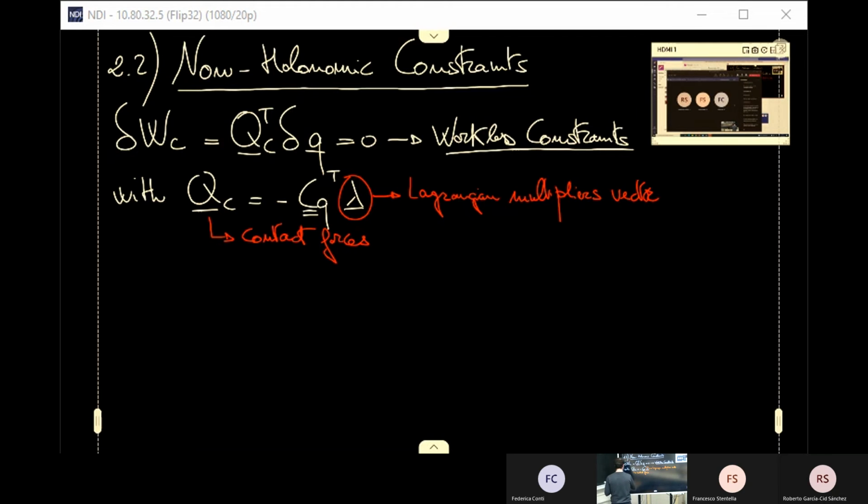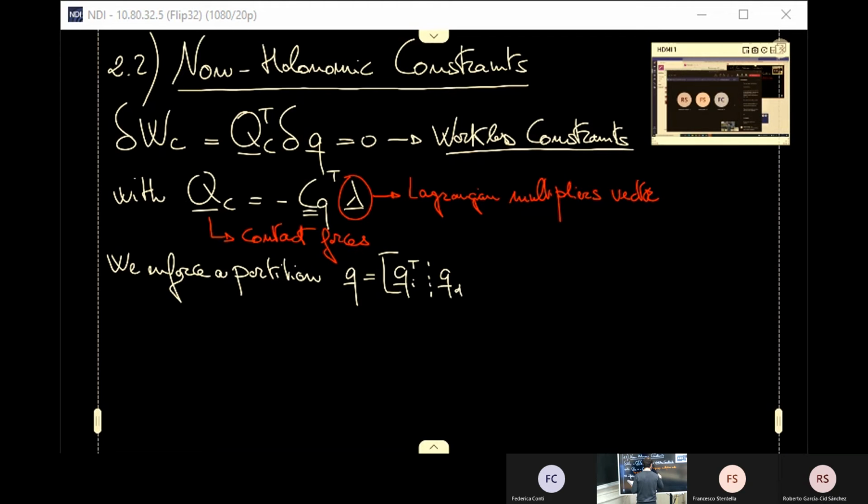So we again enforce the partition, so that basically we have that Q is equal to Qi transposed, and then we have the dependent ones. And so this basically allows us to write the following.